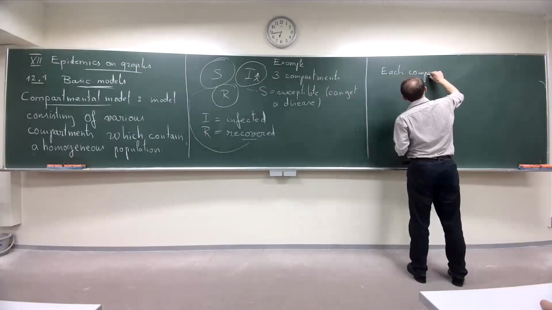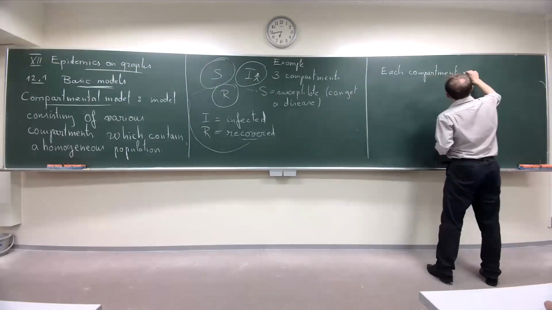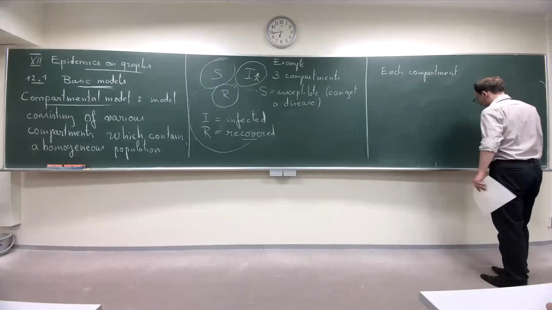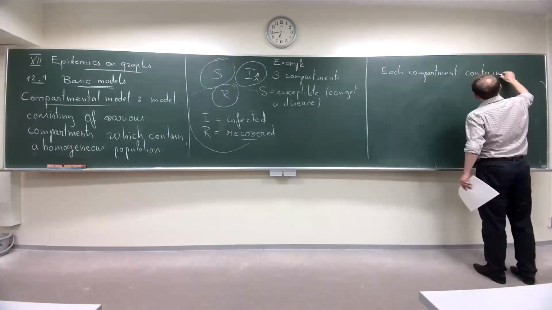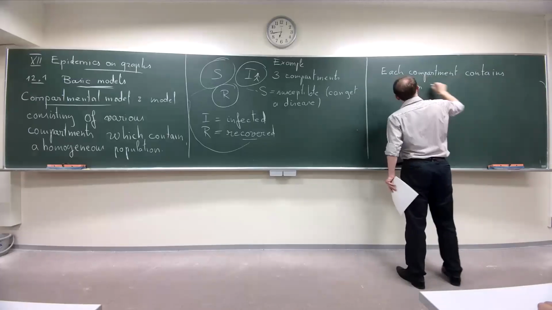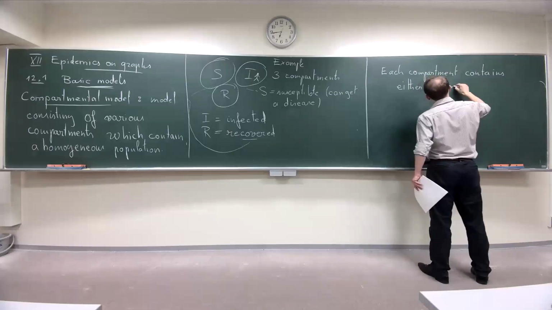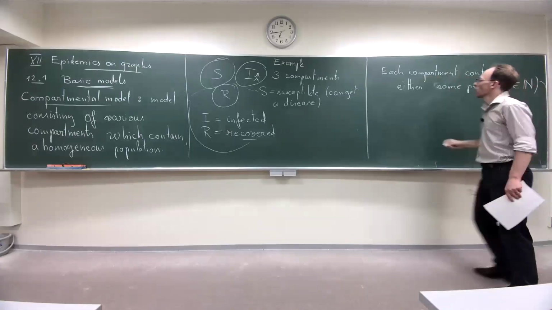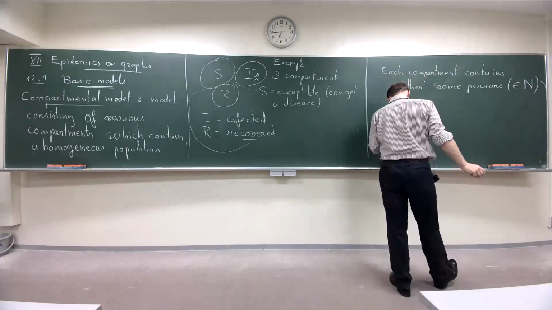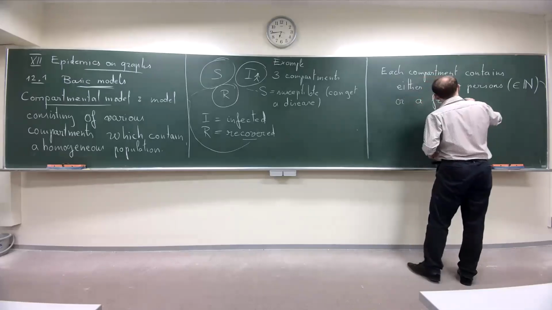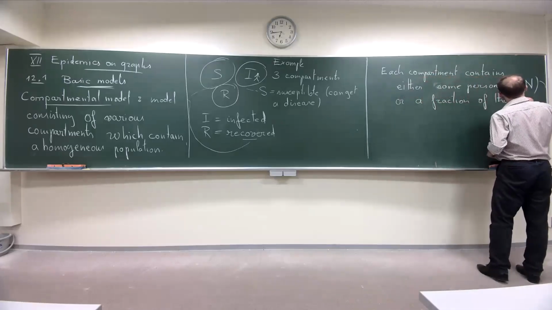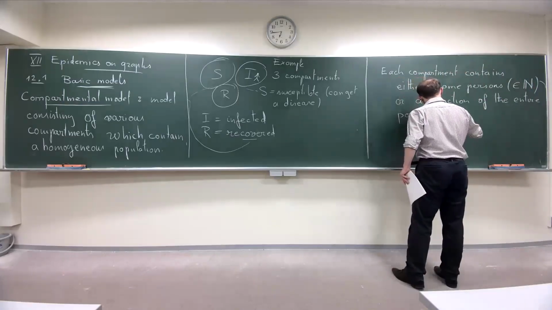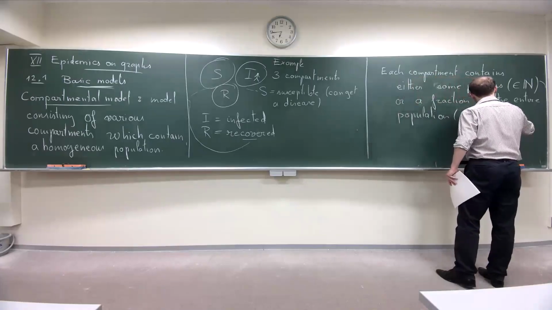Each compartment contains either some persons, so an integer, or a fraction of the entire population, which means a number between 0 and 1.